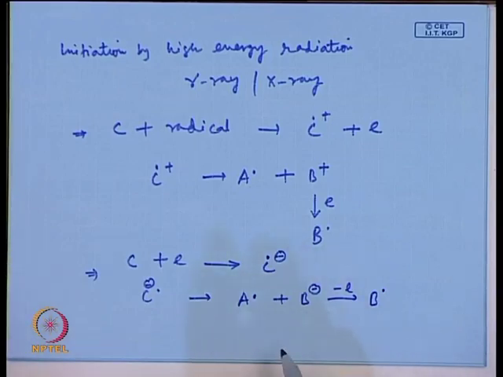So, using very high energy radiation sources, we can generate radicals which can initiate the radical polymerization reaction.